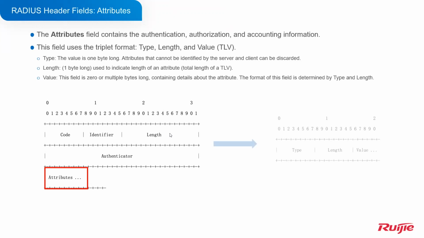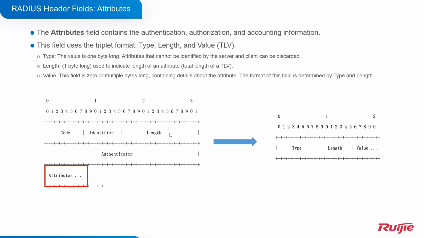So it's called TLV. It's a very commonly used architecture of packets in the network. For example, ISIS packets also use the TLV structure, and BGP packets also use TLV. The most obvious advantage of this structure is that it's very easy to extend the function of the packets.